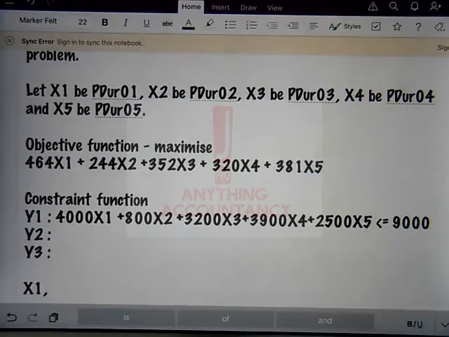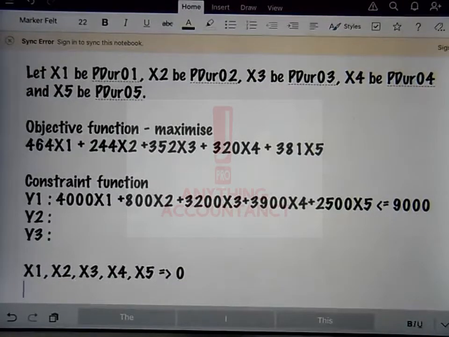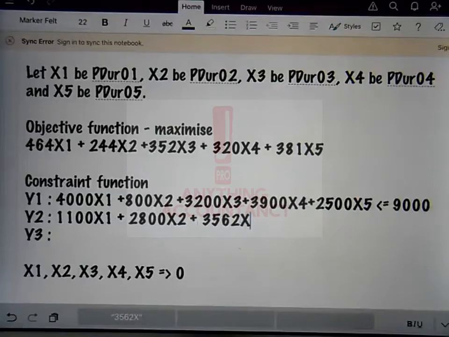X1, X2, X3, X4, X5. This one is going to be 1100x1 plus 2800x2 plus 3562x3.